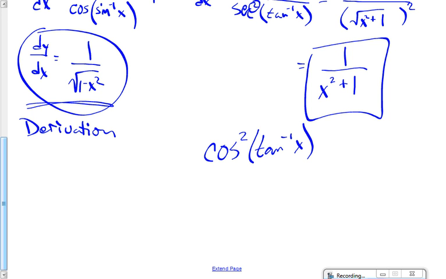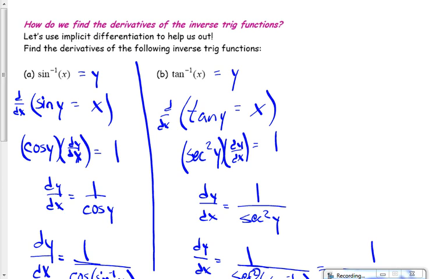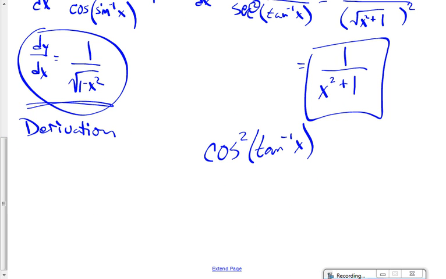I think it's easier to memorize the rule. Does that answer your question? So what I've basically done is shown you that the derivative of sine inverse is 1 over root 1 minus x squared, and the derivative of tan inverse is 1 over x squared plus 1. Good so far.